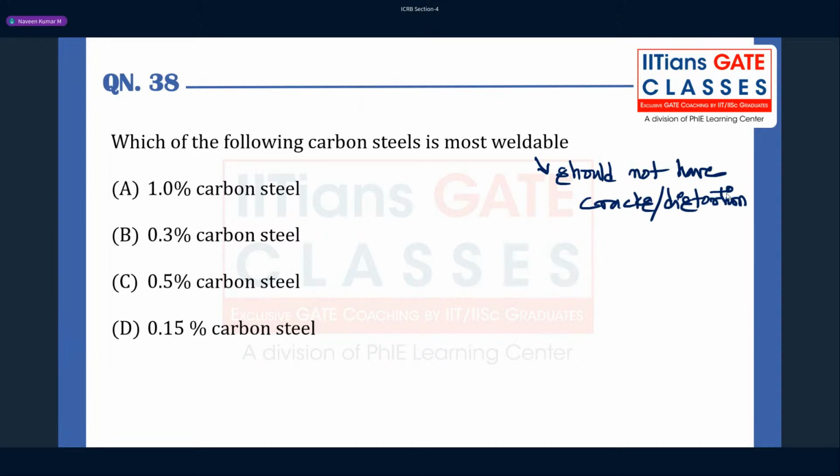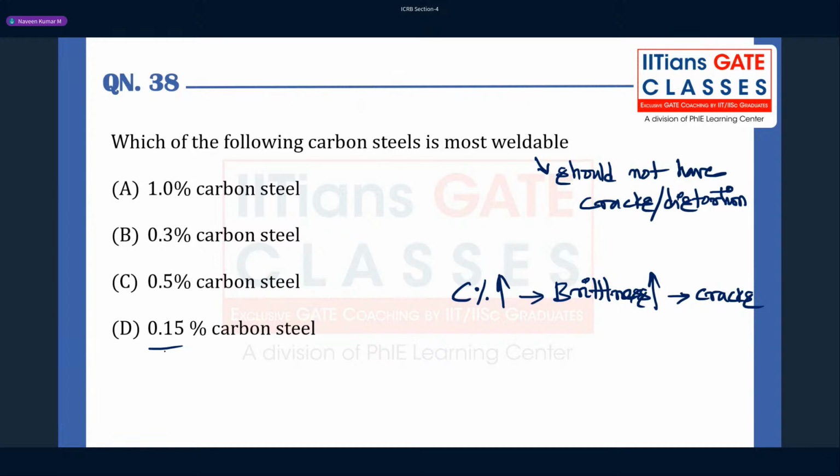So what does carbon do? Carbon will try to increase the brittleness in the steel, right? As carbon percentage increases, it will increase brittleness. If brittleness increases, what happens? There is a chance of cracks. More carbon, more chance of cracks. So those are not weldable, right? Therefore, in the given options, you can see 0.15 is the lowest carbon that is available.